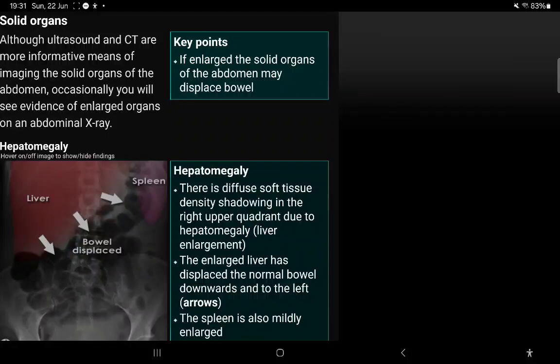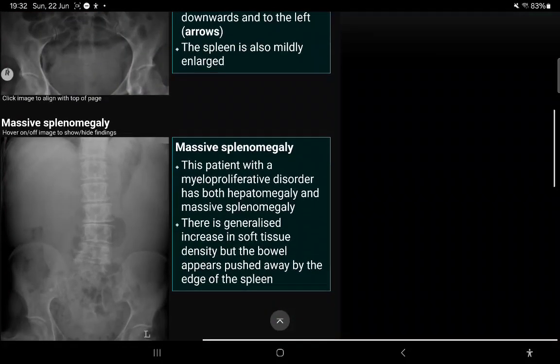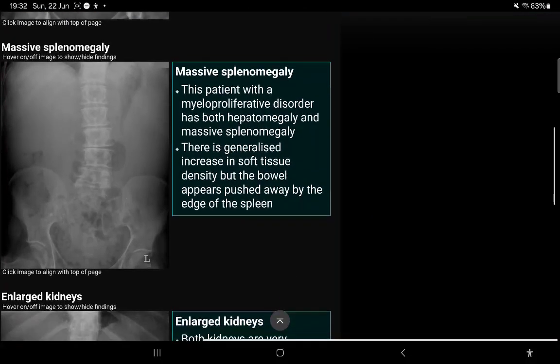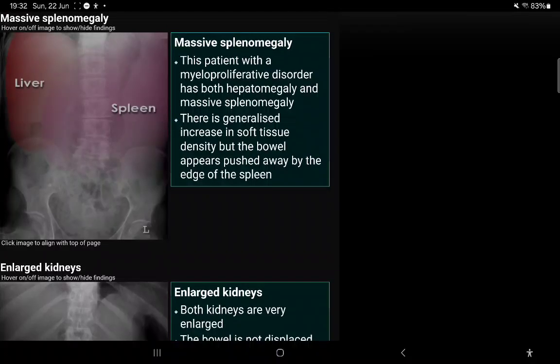The key point here: if enlarged, the solid organs of the abdomen may displace bowel. As in this image, the spleen is mildly enlarged. Sometimes it can be massive splenomegaly, like in this image. Massive splenomegaly: this patient with myeloproliferative disorder has both hepatomegaly and massive splenomegaly.